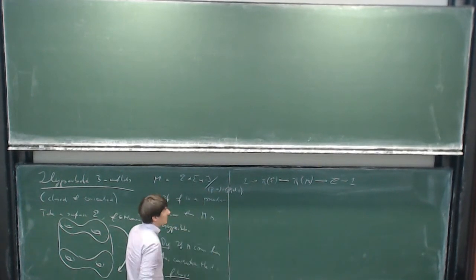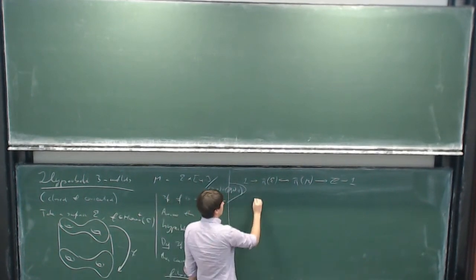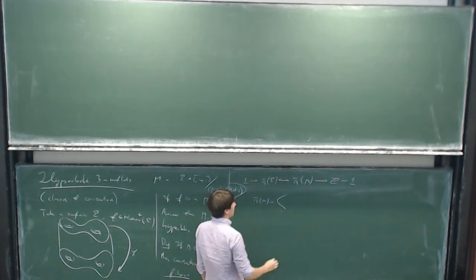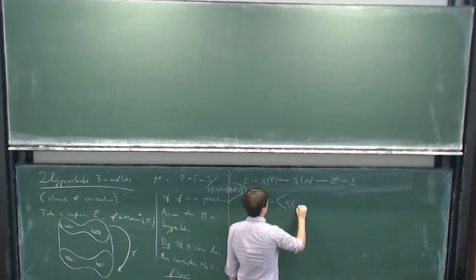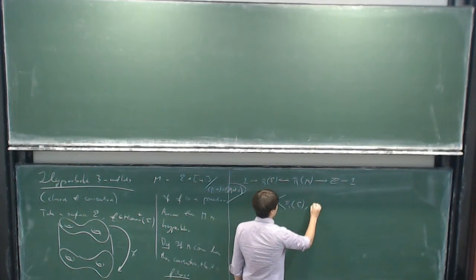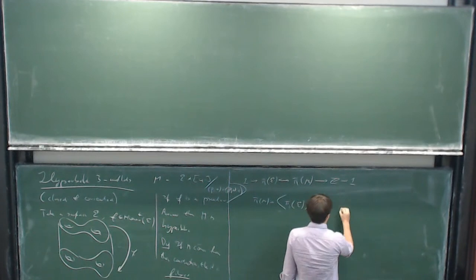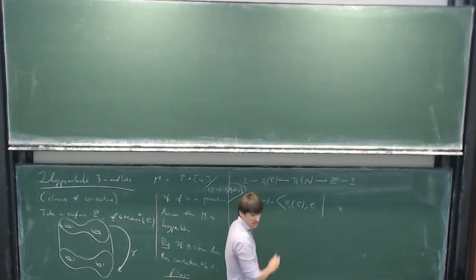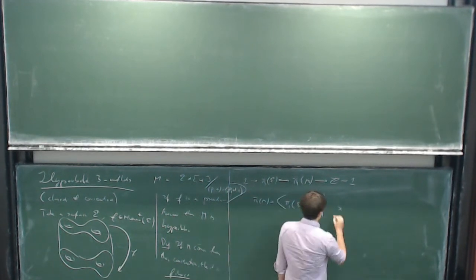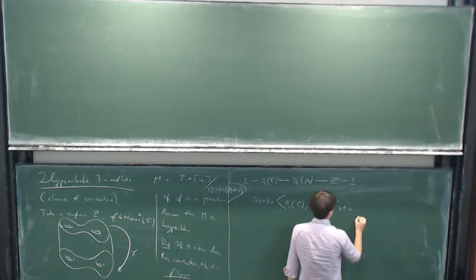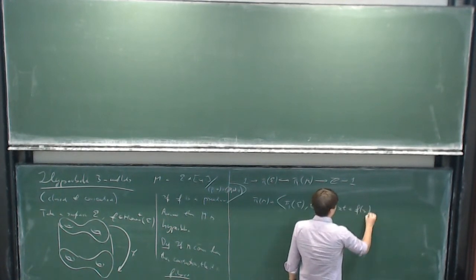So that means that we can write pi1 of M in terms of a presentation. We take pi1 of the surface, we add in a stable letter, and now we act. We take an element x from pi1 of the surface, we conjugate it by T, and this is going to be f of x.